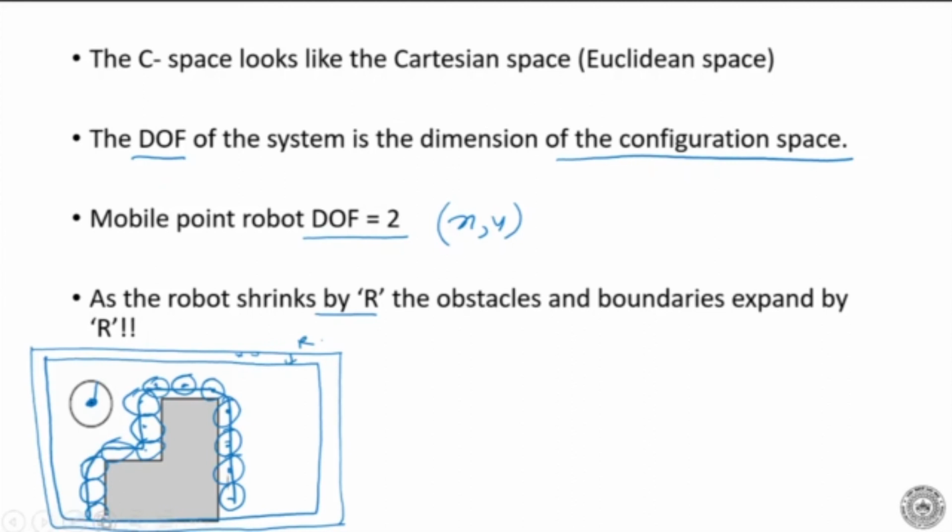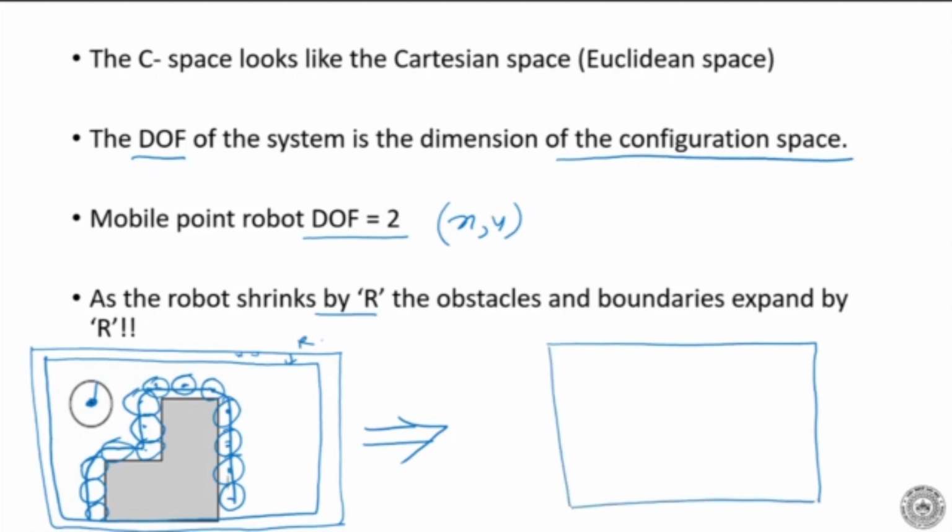So what has happened is that this is my Cartesian space and I'm converting it. First of all, it has become smaller. So this inner one is here now, which has become smaller by r. And what has happened to the obstacle?